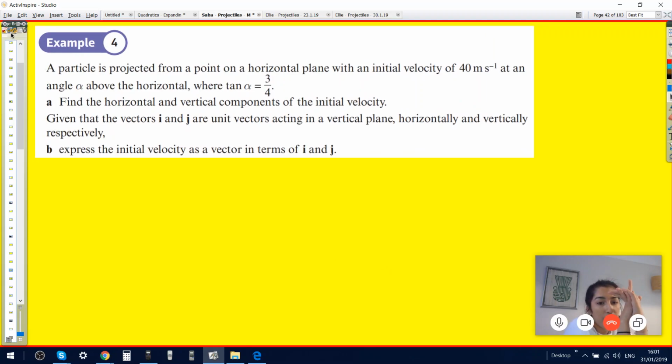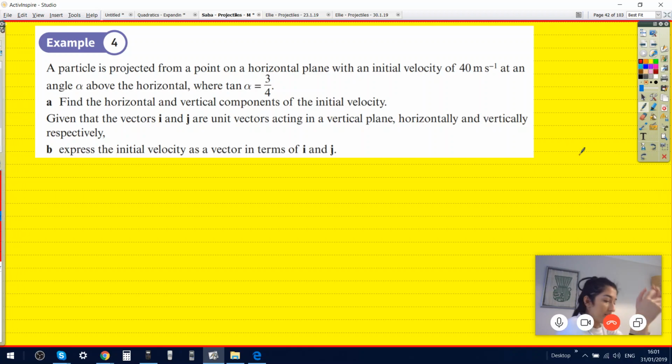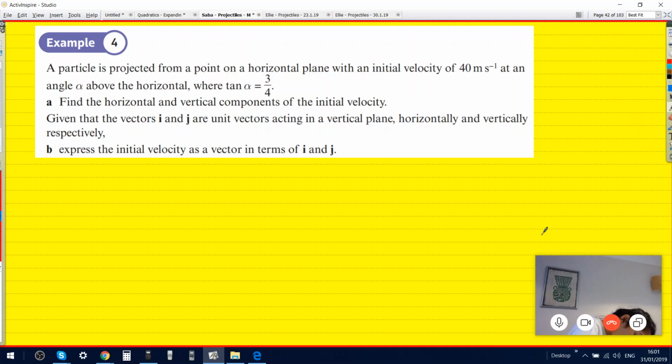A particle is projected from a point on a horizontal plane with initial velocity 40 at angle A to the horizontal, and it goes something like that, where tan A is 3/4.